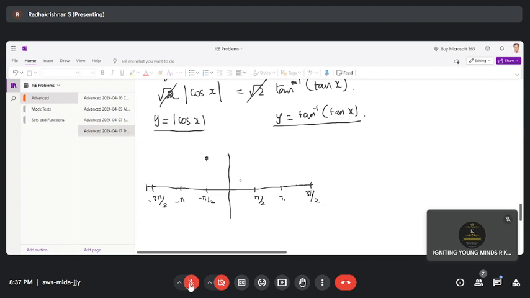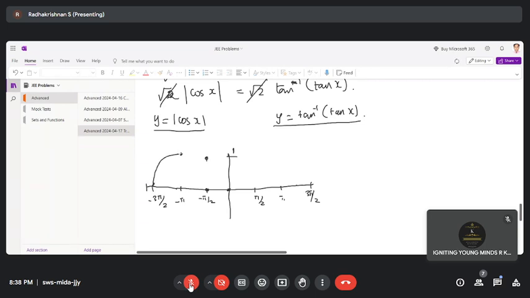We know that cos 0 is 1, so that will pass through here, and the range for this is 0 to 1. At pi by 2 it reaches 0, and at pi it comes back to 1.